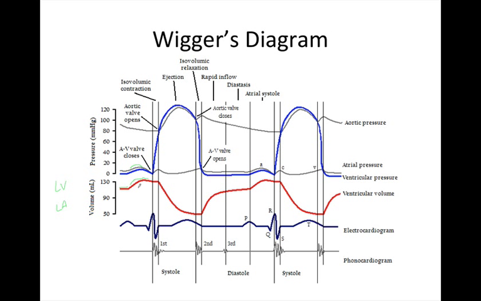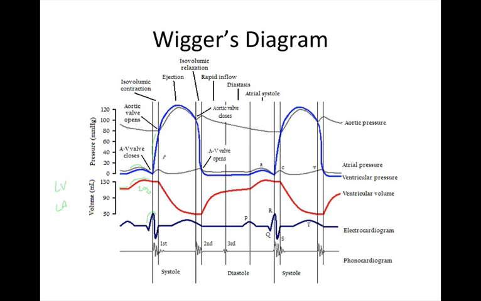Okay, that is that 20% of active filling. That's that atrial kick. Priming the pump. All right, and then when you look at your EKG here, notice that's when ventricular depolarization occurs, and then that's when pressure is building.